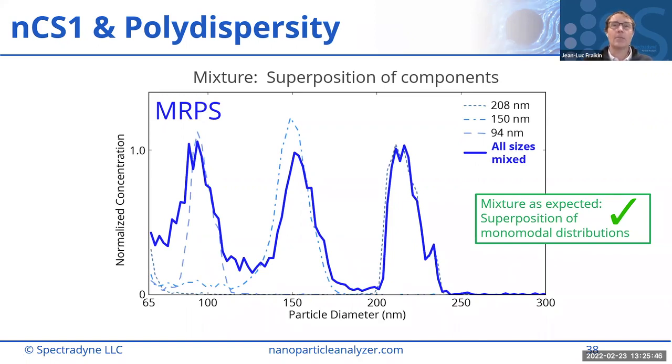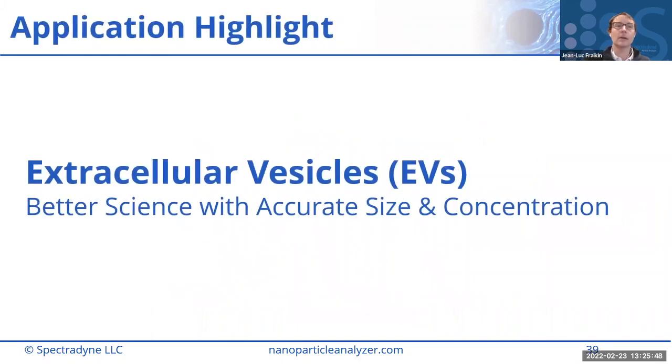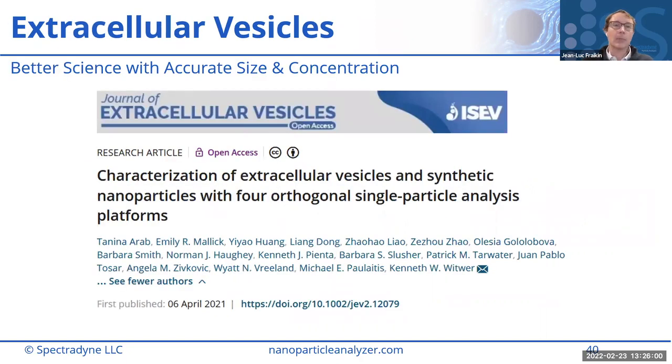How does this impact real-world measurements? Let's look at an extracellular vesicle example where MRPS delivers more accurate size and concentration. We validate with a third technique. Incidentally, for most of the stuff I'm talking about in this webinar, you don't have to take my word for it. There's plenty of published literature about these differences between the technologies.